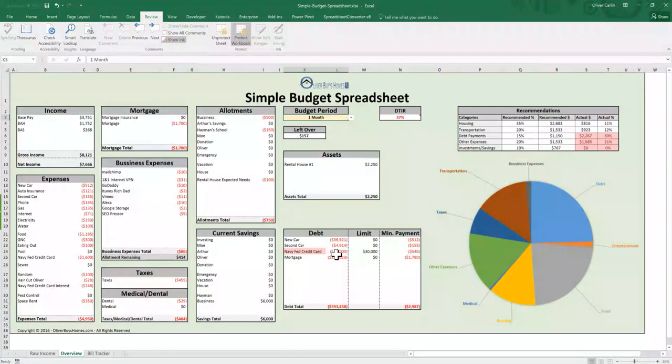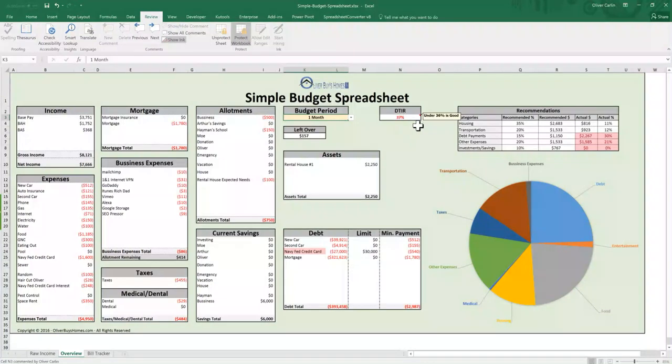So if you're above 30% in this ratio, this will show up as red so that you know you're taking a credit hit here. The minimum payments are important because this number here, 2,987, divided by your gross income, 8,000, gives you your DTIR. Your DTIR is your debt to income ratio.